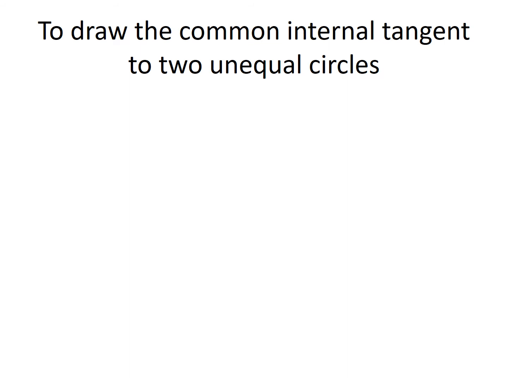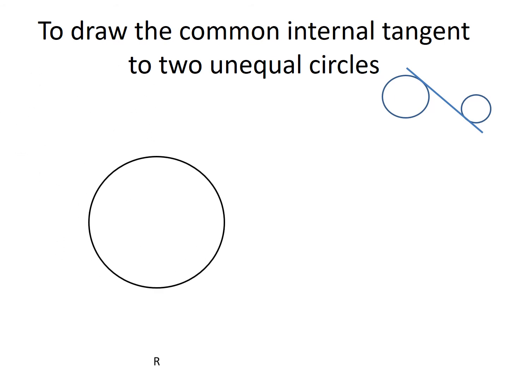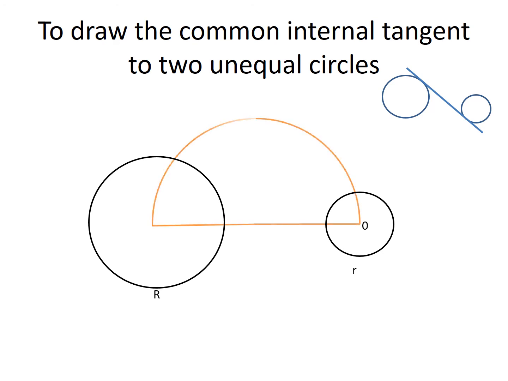Next, we're going to look at how to draw a common internal tangent to two unequal circles. So the common internal tangents look like this. We have our circles of radius big R and small r. To begin with, we draw that semicircle. We always start with drawing the semicircle from both centers.